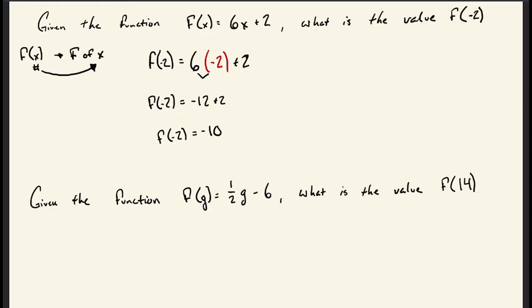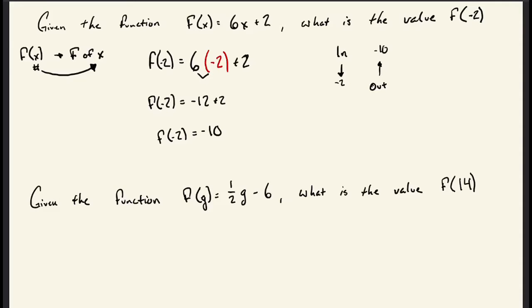So here, given the value of f of negative 2, given this function f of x equals 6x plus 2, if we input a negative 2 into this, we will get a negative 10 out. So we put in a negative 2, and we get out a negative 10. So that's how a function actually works given an equation.